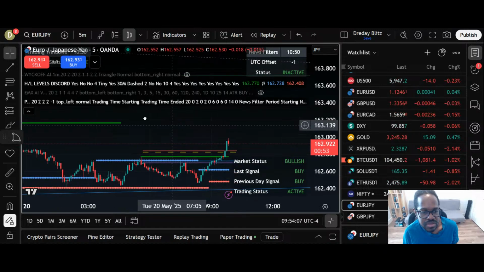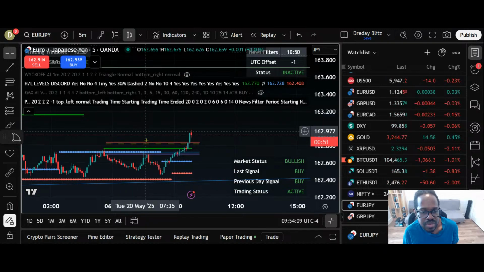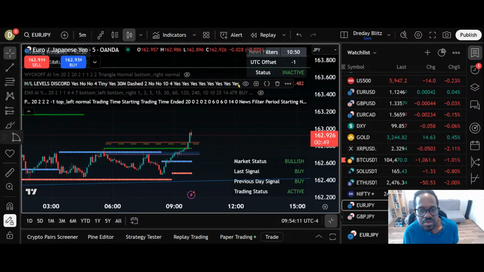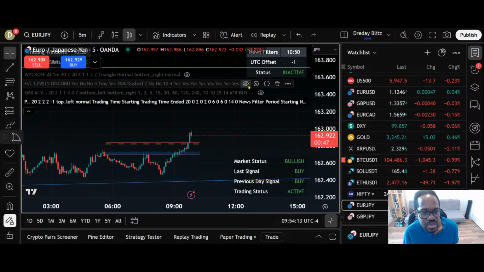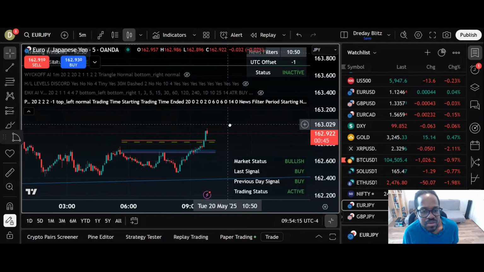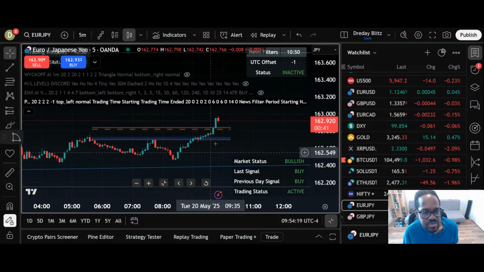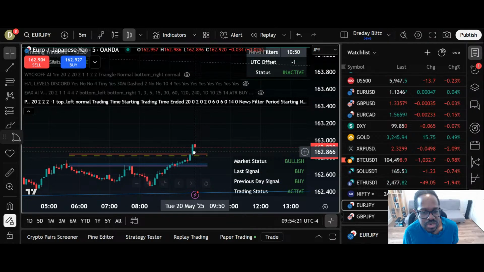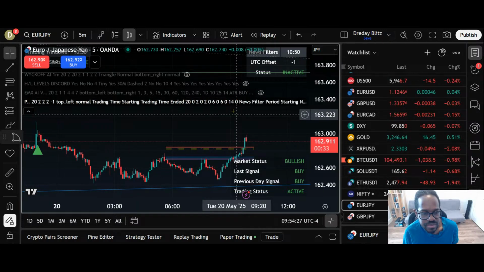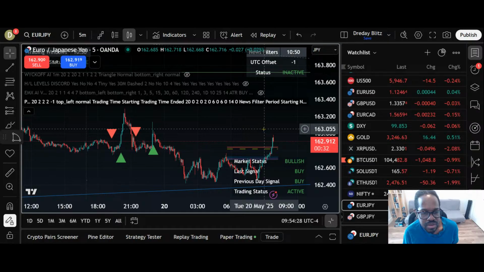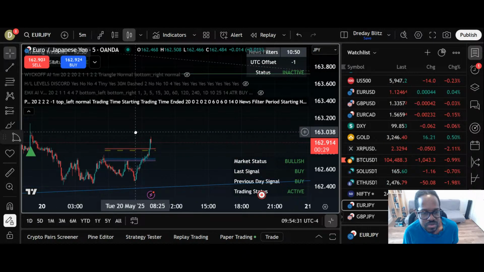But it makes sense to have it going up. I don't know if you can see here, there are some dotted lines. So this is the POC calculation, and it's breaking out of the POC for an uptrend.